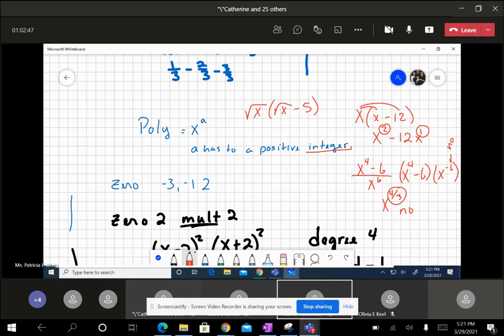That's going to be a no, because the square root of x is x to the 1/2. So this would be x minus 5 times x to the 1/2. Well, 1/2 is not an integer, so that's a no. Sometimes you'll have to work them out.